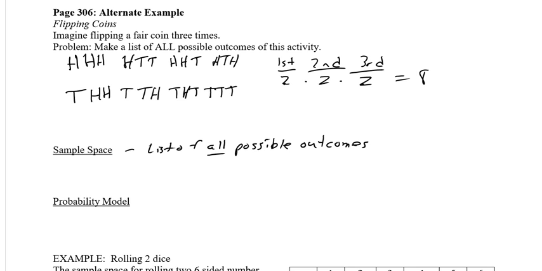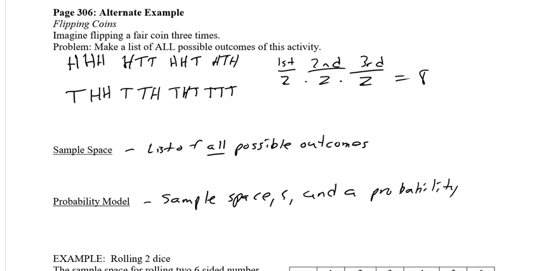A probability model is just the sample space S along with a probability for each outcome. Okay, the probability for each outcome.